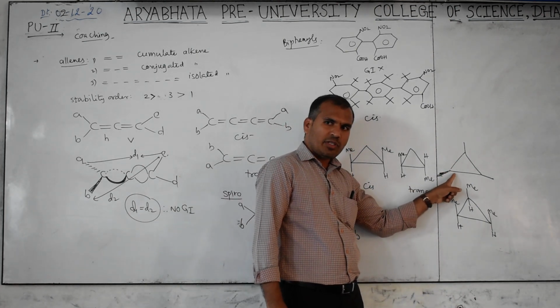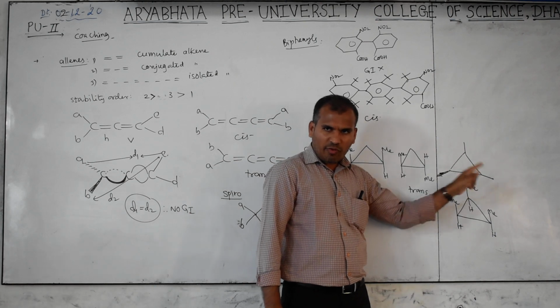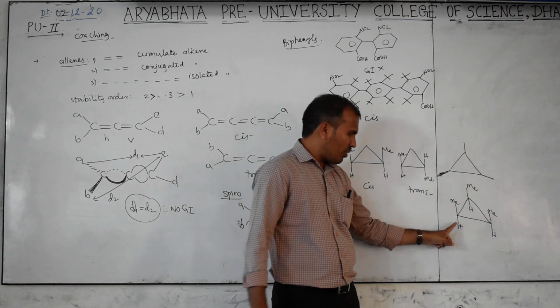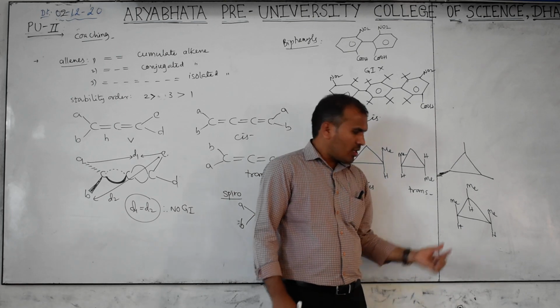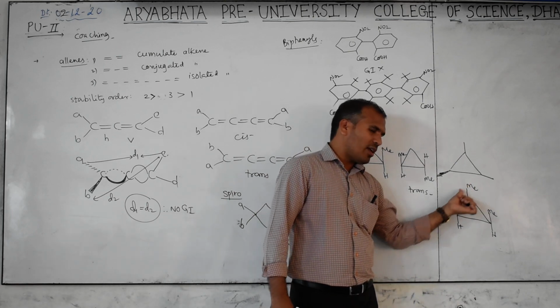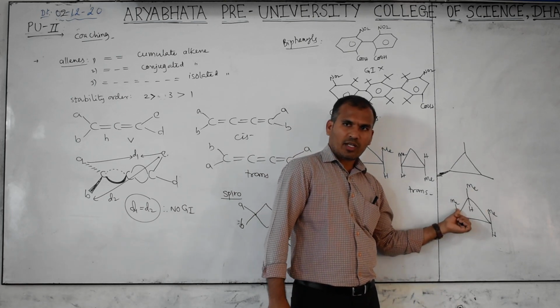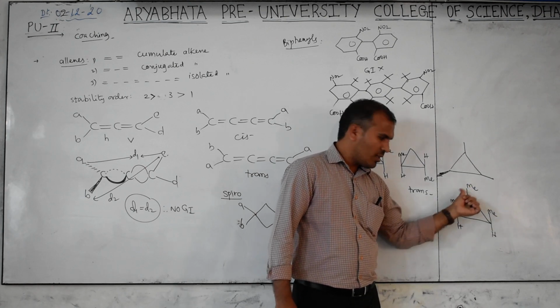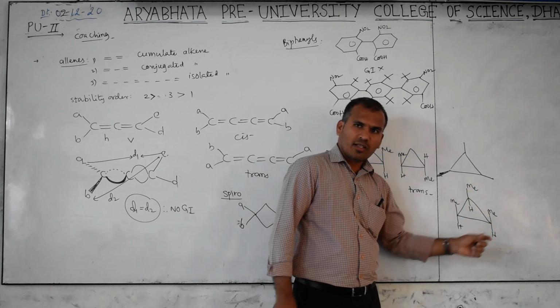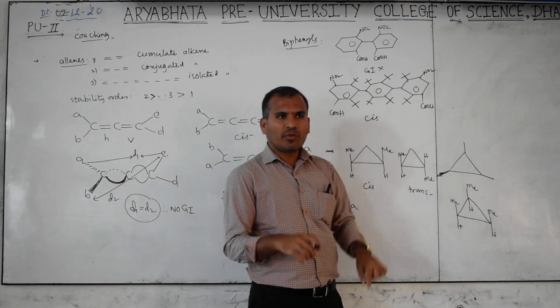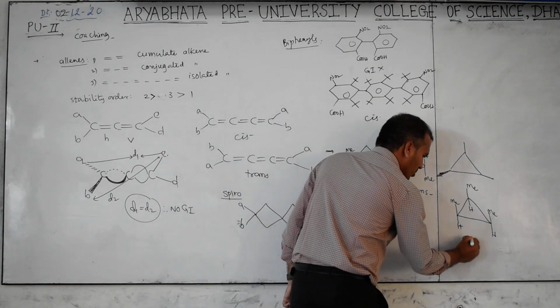This is CH3. Another which one? H. So at every corner, 1 H is there. That's why I wrote 1 H here. Now this CH3 and this, is it the same side or different side? Same side. This CH3, this CH3, this CH3, this CH3. So all methyl groups are on the same side. What do you call this? Cis form.